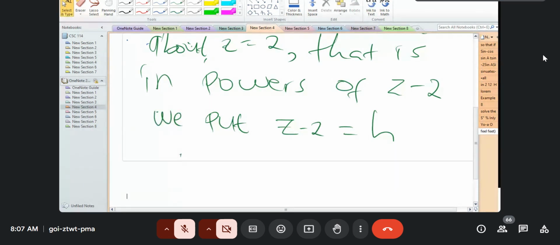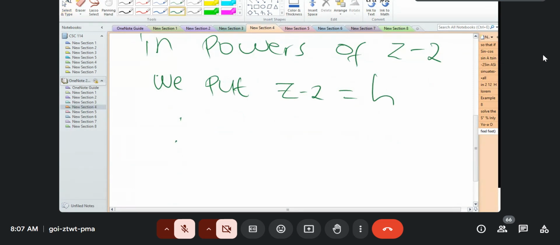So we're doing some substitution. That means z will be equal to h plus 2. Once you have this, you go back to your function f of z, then substitute z equals h plus 2. In place of z, use h plus 2.